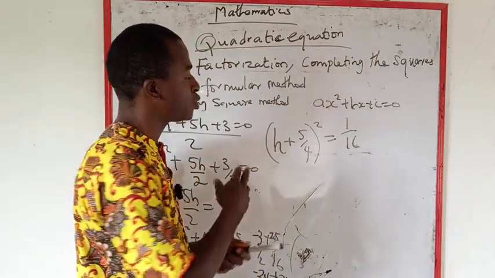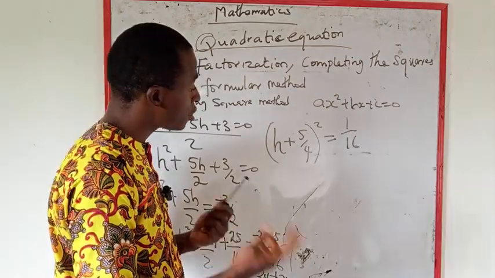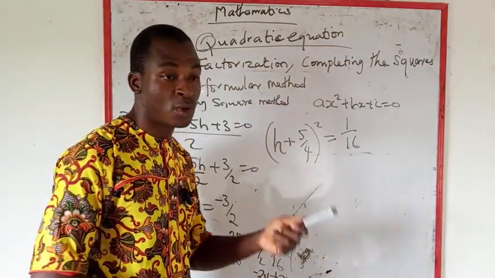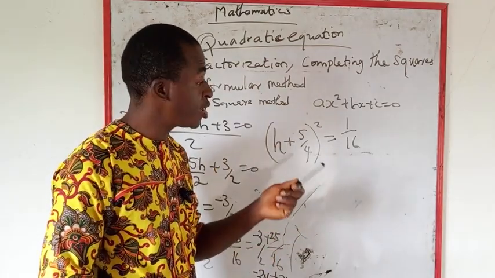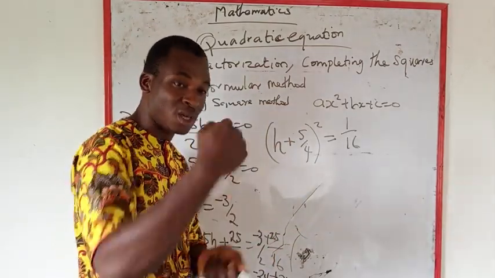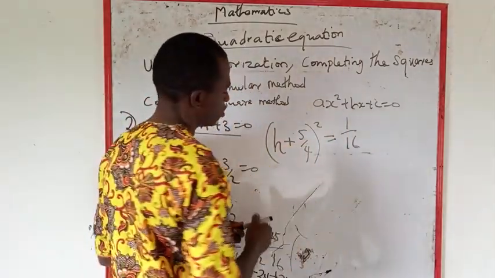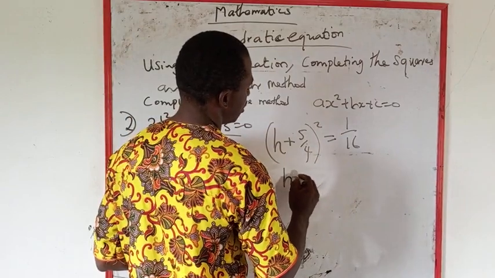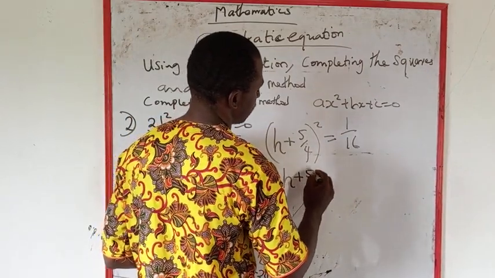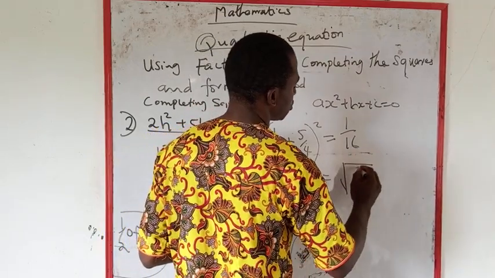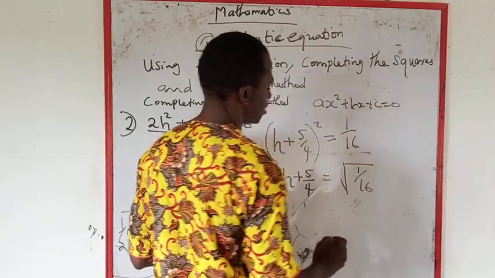That's why I used the other method. Remember, the inverse of square is square root. So we now have h plus 5 over 4 equal to the square root of 1 over 16.